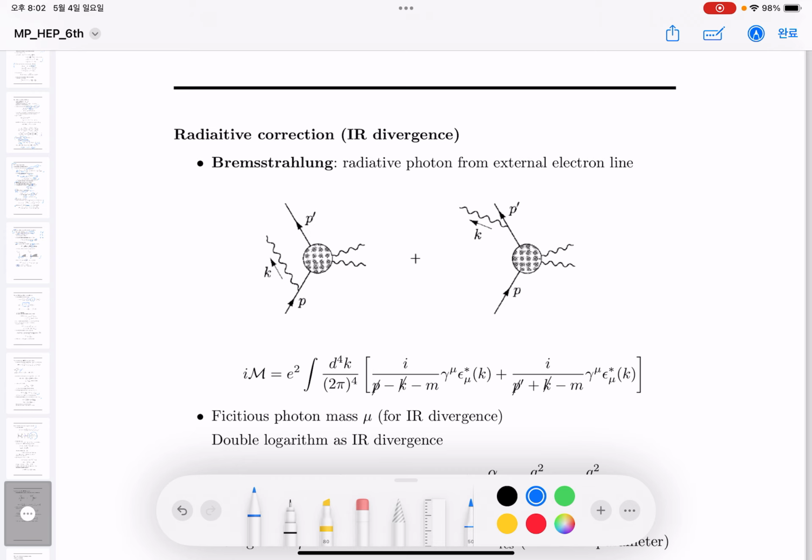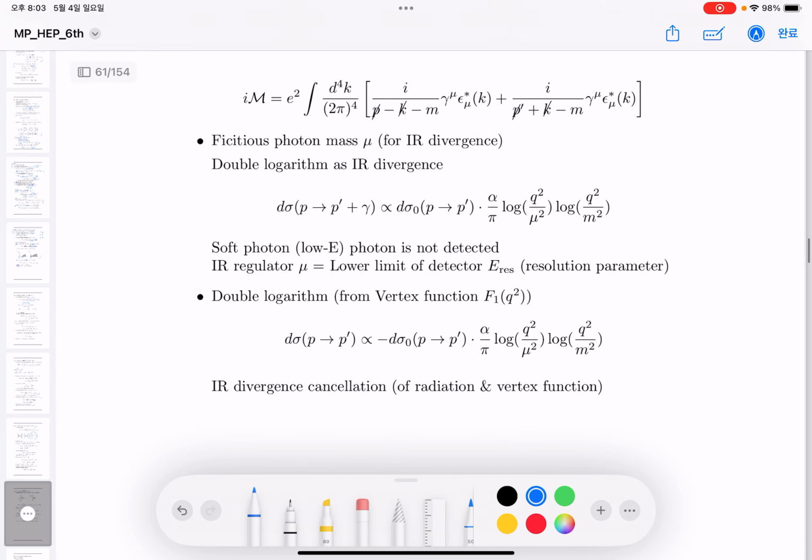And so far we discussed the UV divergence when the momentum goes to infinity, but there is also the divergence in the IR level when the momentum goes to zero, the low energy scale. There is the Bloch-Nordsieck process, which is a radiative photon from the external electron line, and similarly we can evaluate this diagram with the additional propagator term.